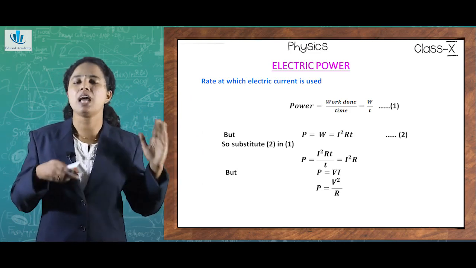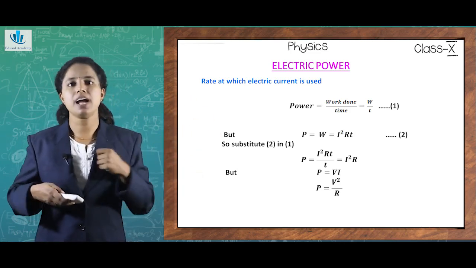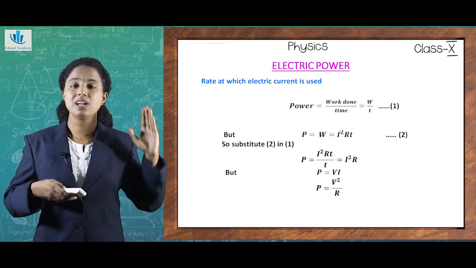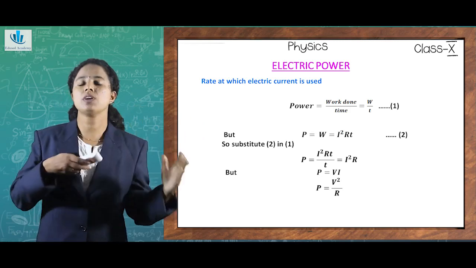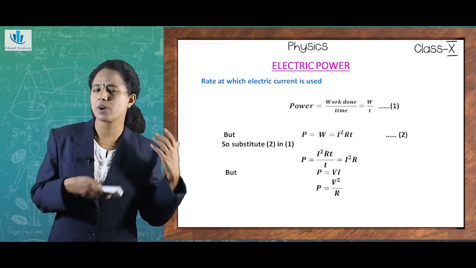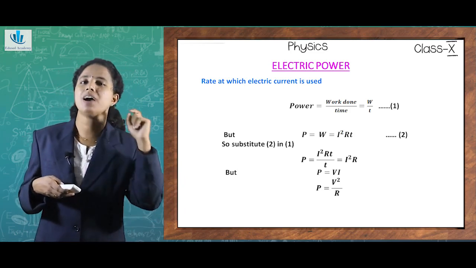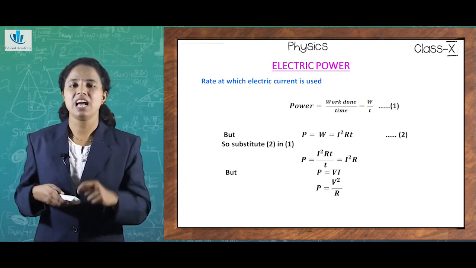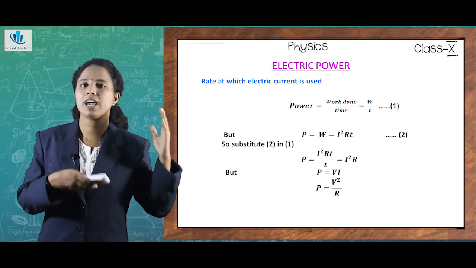So the work done can be denoted by capital W, the time can be denoted by T. So P equals W by T, which can also be written using I square RT. Because we already have learned from Joule's law of heating that work done or heat produced is I square RT.